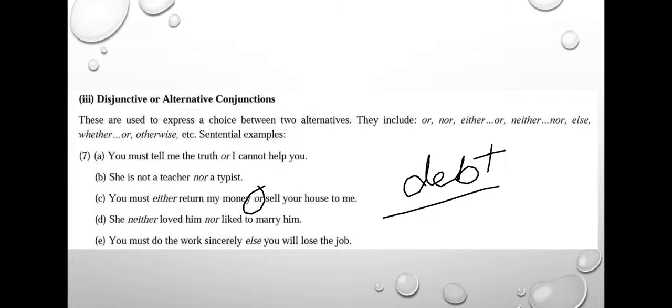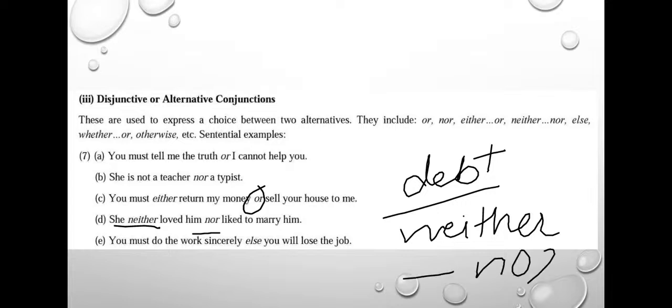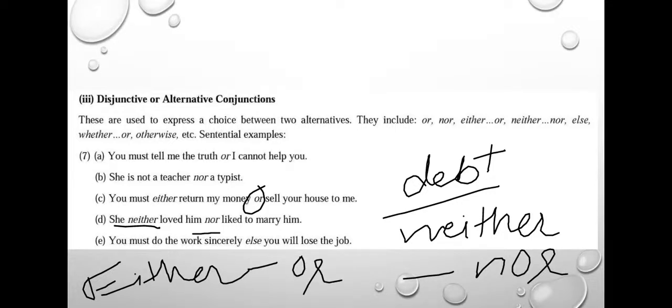She neither loved him nor liked to marry him. Neither and nor. Neither will always be followed by nor, and either will always be followed by or. You have to keep it in mind.